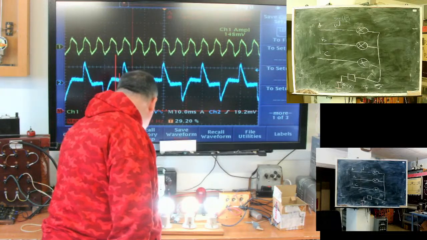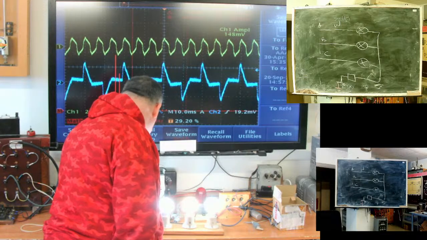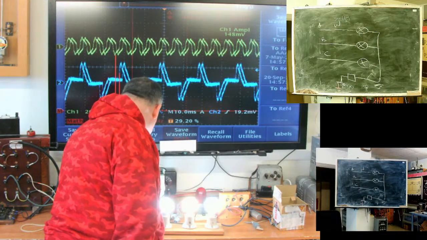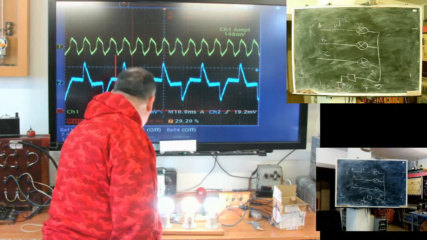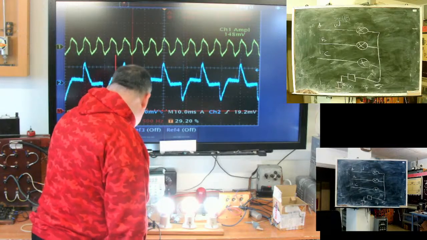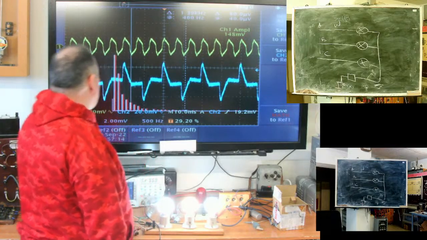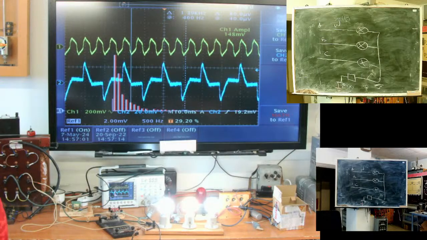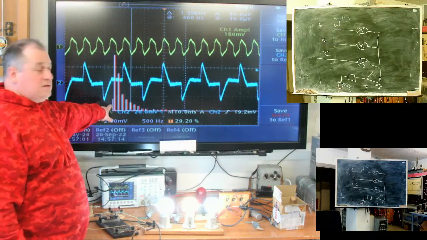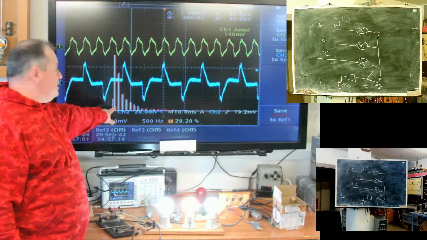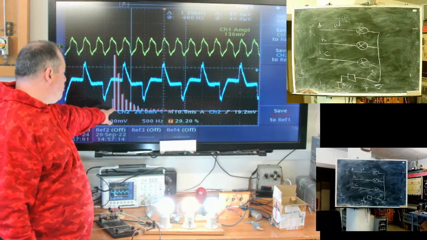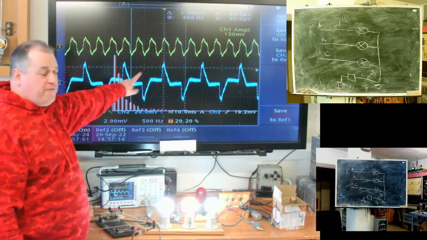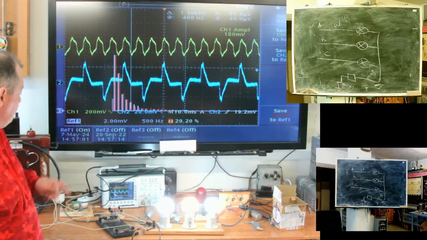Save waveform mask, save to first reference, show first reference. Yeah, see, the white line is a reference. I have saved a copy of the phase current spectrum.